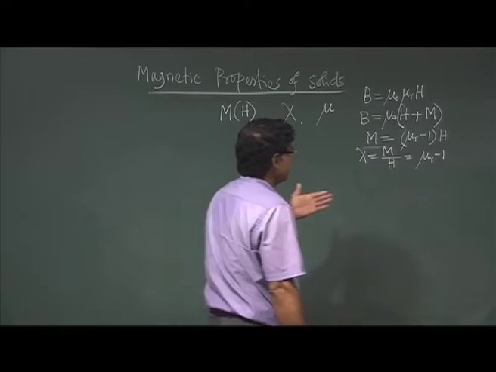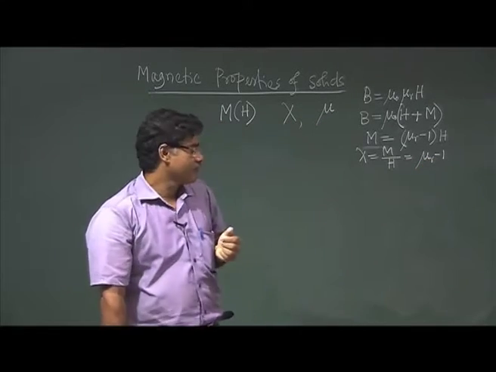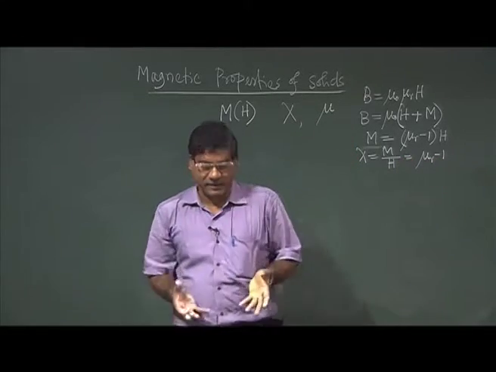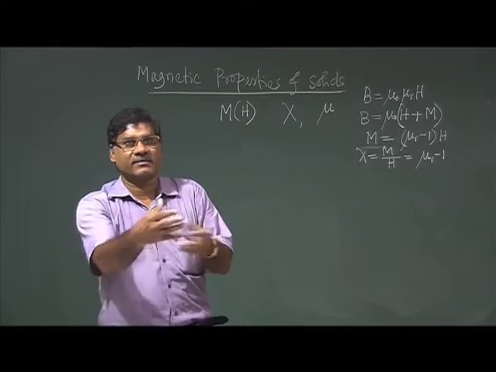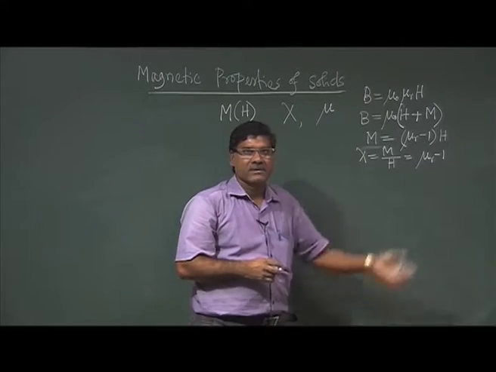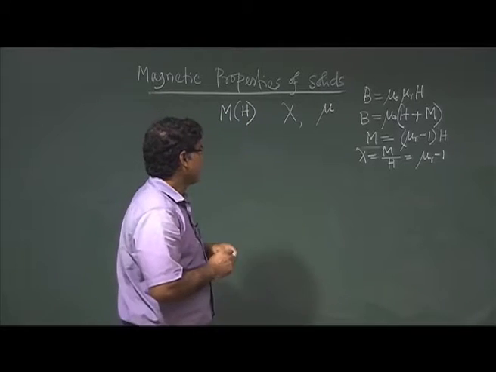If I see it is very much greater than 1, then I will tell it is a ferromagnetic material. In ferromagnetic material there are other categories, antiferromagnetic, ferrimagnetic. Okay.